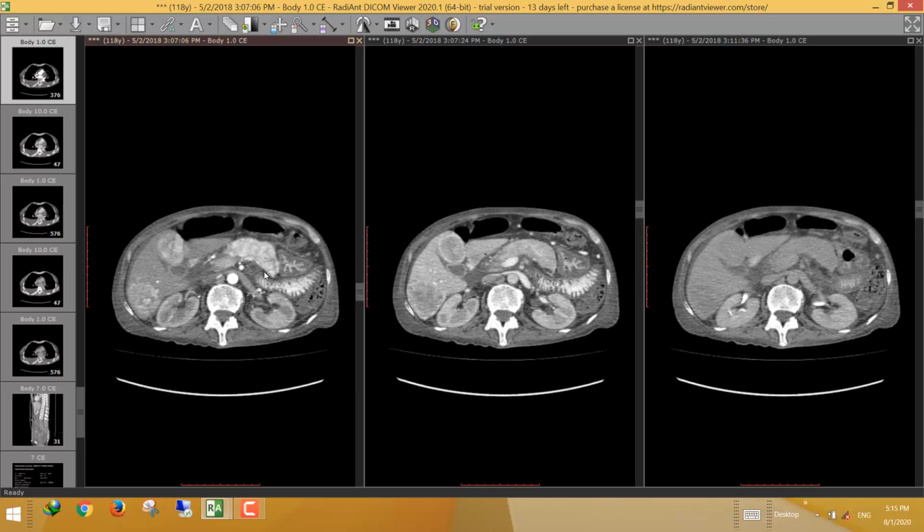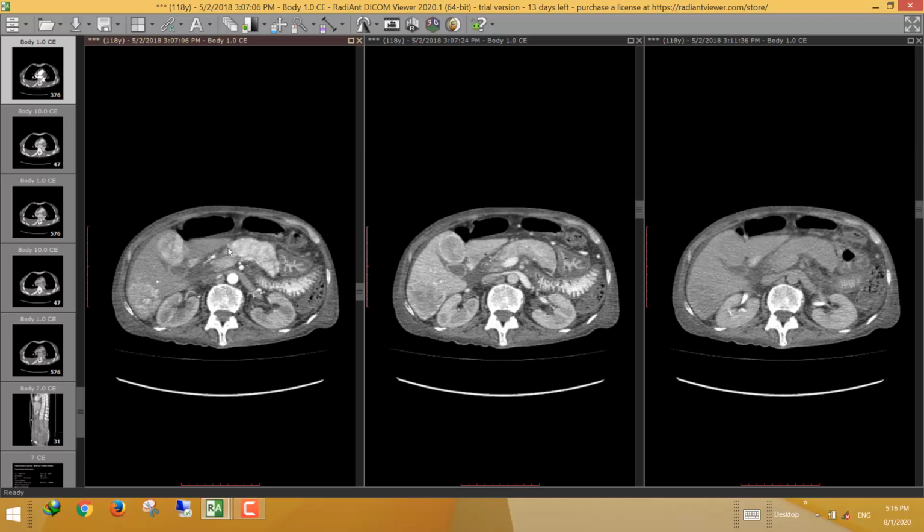The intense enhancement of such a lesion in the pancreas puts pancreatic neuroendocrine tumor at the top of the diagnostic possibilities, as we know that pancreatic adenocarcinoma, which is by far the most common tumor occurring in the pancreas, is hypovascular in nature. So this is not a pancreatic adenocarcinoma, and if we see a hypervascular lesion in the pancreas, we should put pancreatic neuroendocrine tumor in our differential diagnosis.